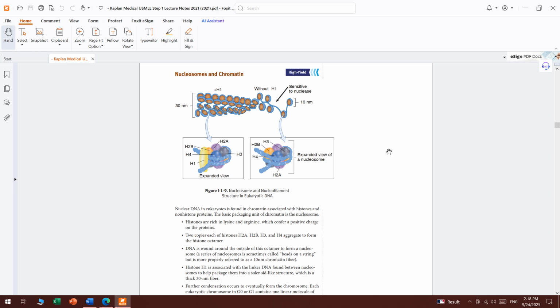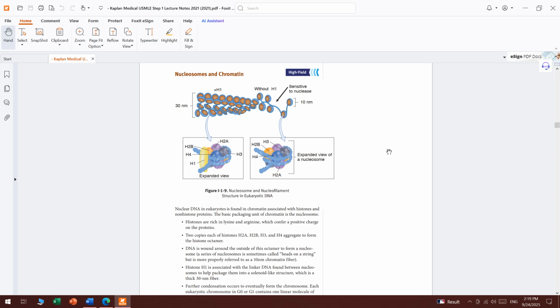The fundamental packaging unit of chromatin is the nucleosome. Histones are a family of small, highly conserved proteins that are exceptionally rich in the basic amino acids lysine and arginine. These amino acids confer a strong positive charge on histones, which is crucial for their ability to bind tightly to the negatively charged phosphate backbone of DNA.